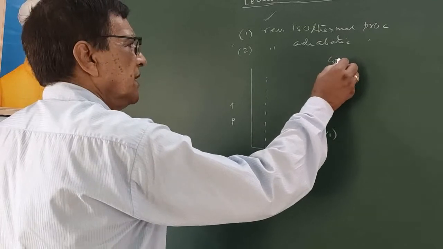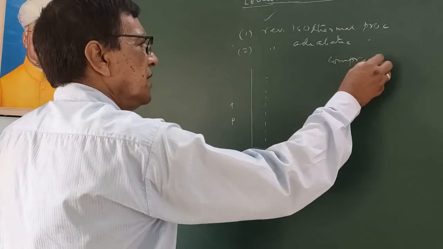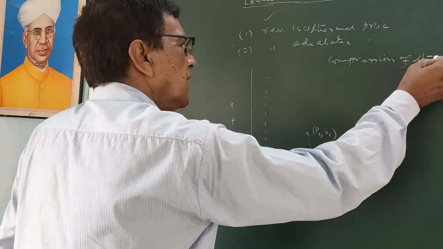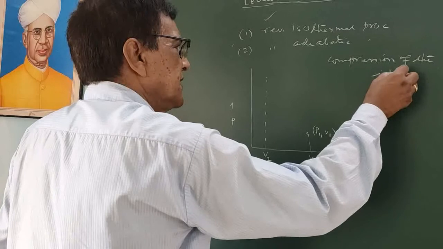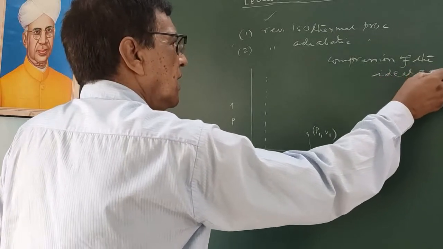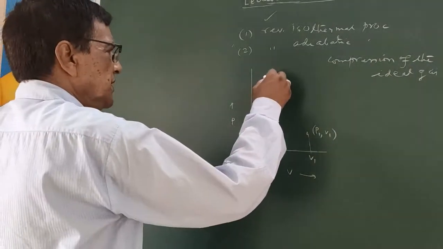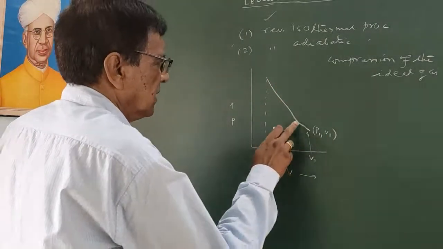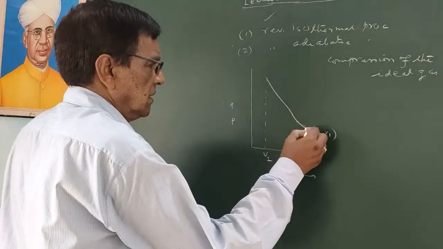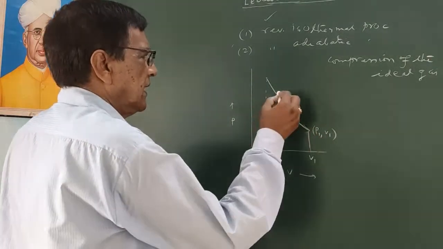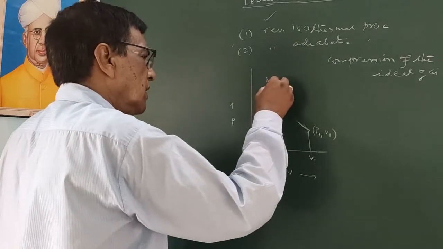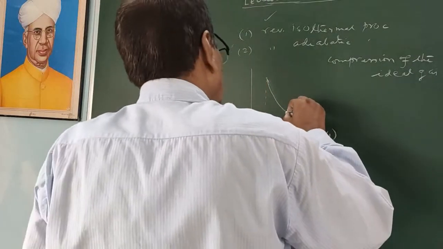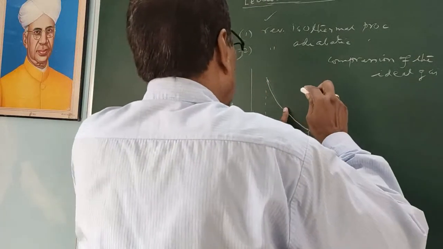We are considering the compression of the gas, suppose an ideal gas. So this would be the isothermal curve, which is a rectangular hyperbola.